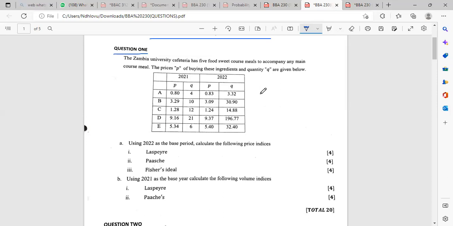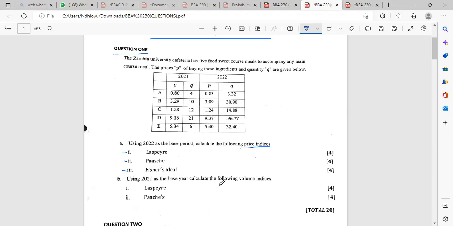The first one: using 2022 as a base period, calculate the following price indices: the Laspeyres index, the Paasche index, then the Fisher index. So there are these 3 index numbers that we are supposed to look at.